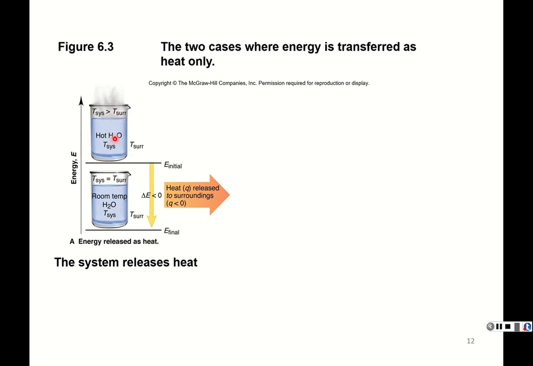This hot water, we can just sit it out on a bench top, and eventually that temperature of that beaker of water will go down. Right, and what's happening there is the heat is released from that beaker of water into the surroundings. Okay. So we're losing energy of our system, our beaker of water is losing energy in the form of heat to the surroundings. So that Q value for this is going to be negative.